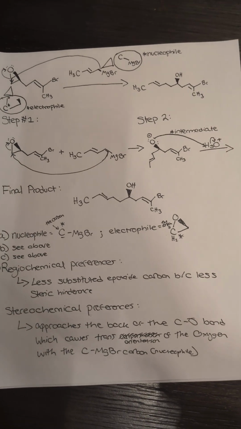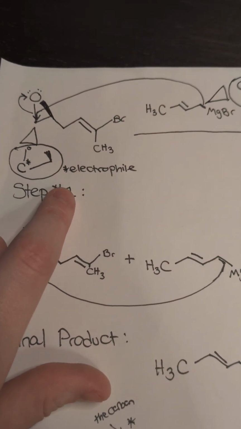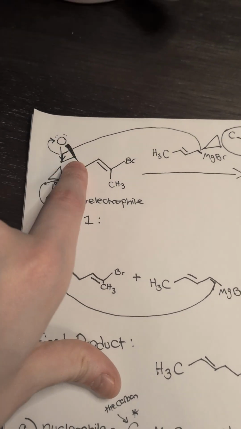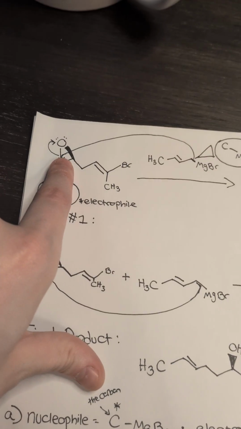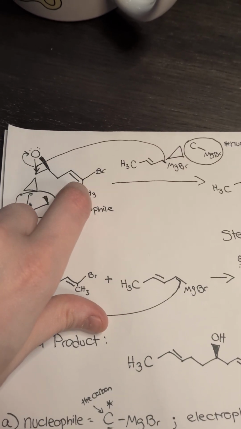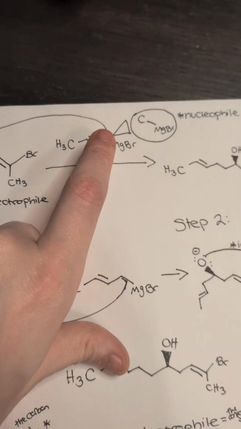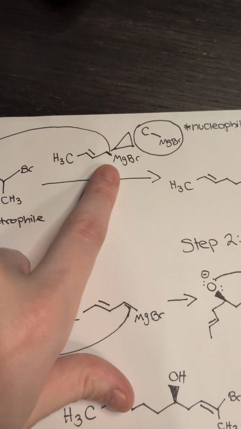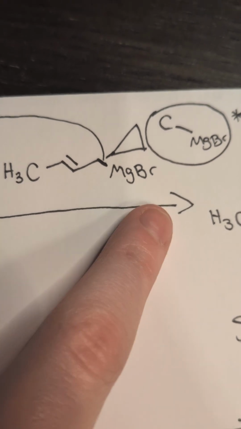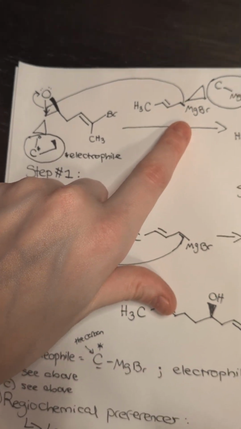So firstly, let's talk about the reaction specifically. This reaction is between an epoxide, which we see right here, a ringed structure with an oxygen atom attached to another chain, and a Grignard reactant, which basically just has that magnesium bromide group attached to it.